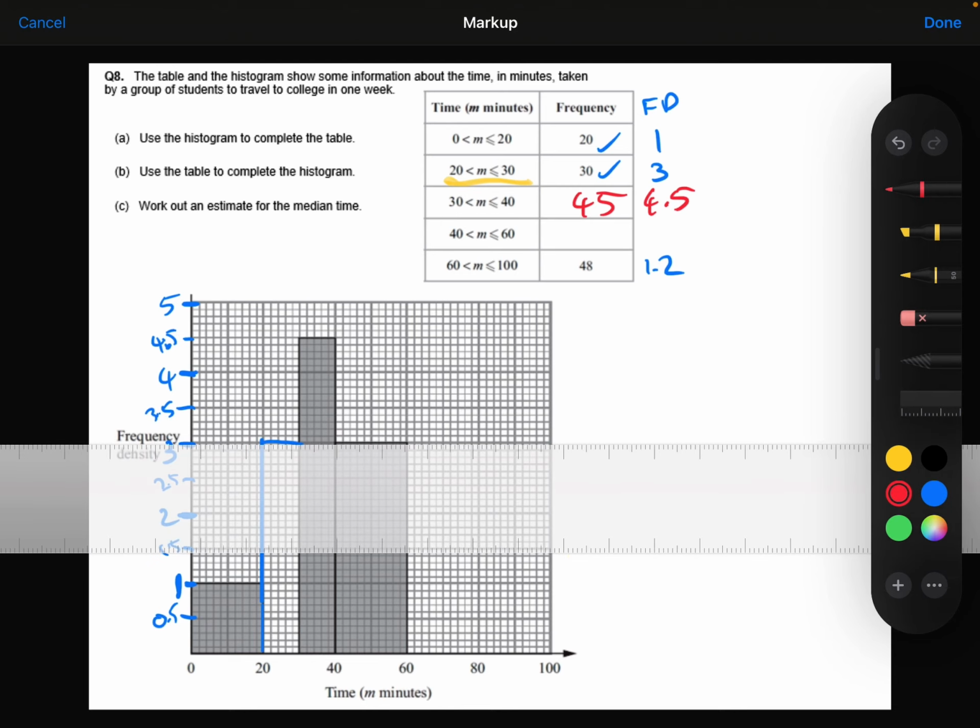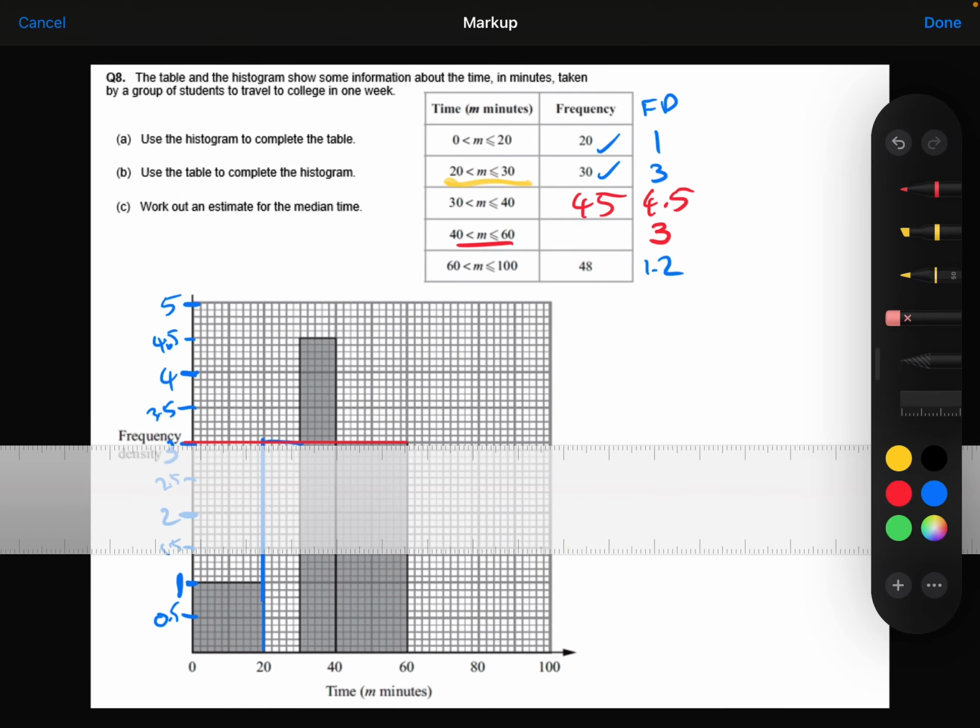The next bar between 40 and 60, we can see that the frequency density is 3. So similar idea, what number divided by 20 gives 3? Well, that's going to be 60. 60 divided by 20 would give me the frequency density of 3.